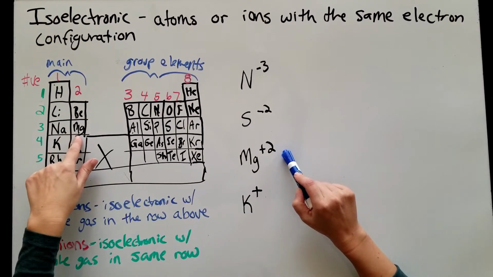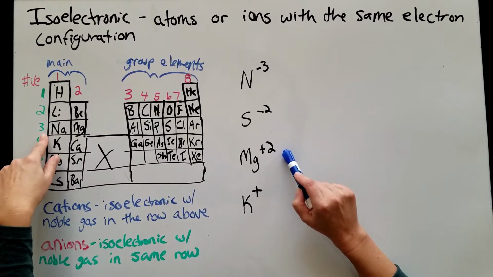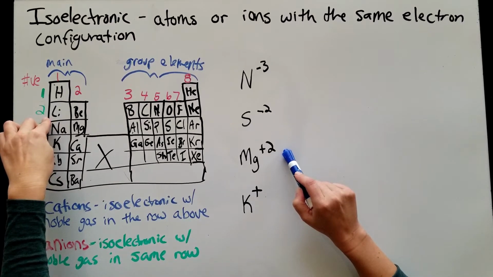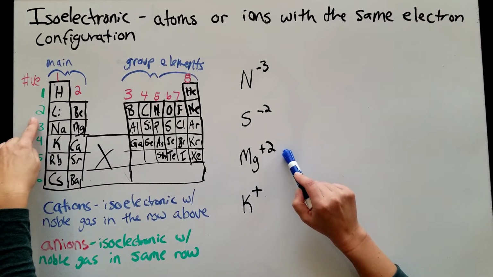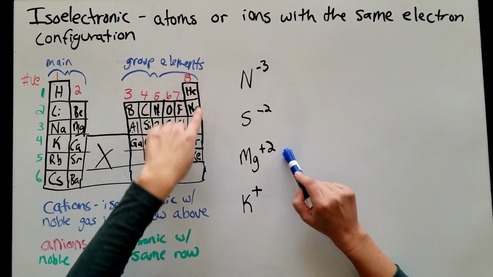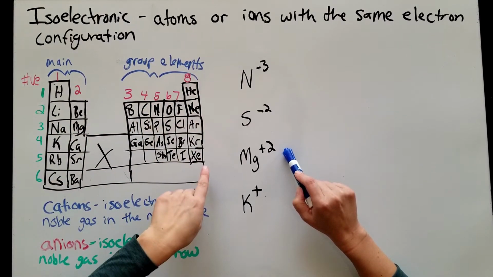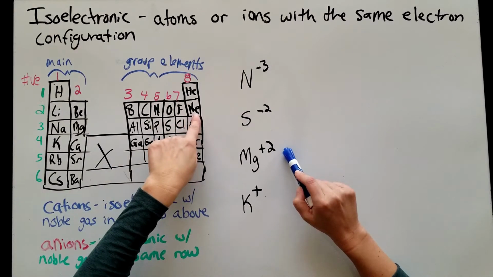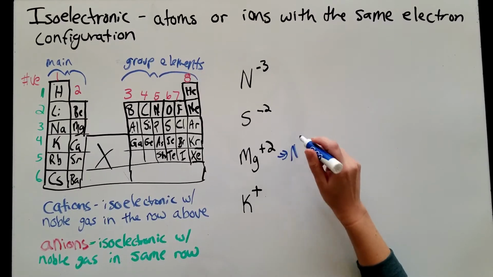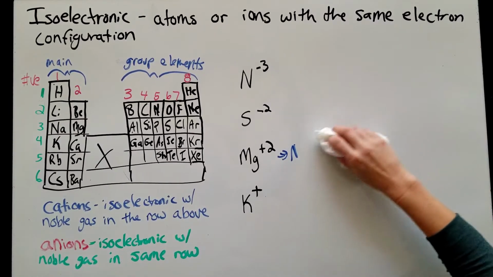Since magnesium is in row 3, it's going to be isoelectronic with the noble gas in row 2. What noble gas is in row 2? I can follow all the way to where the noble gases are, this last column here, and the noble gas in row 2 is neon. So magnesium is isoelectronic with neon.